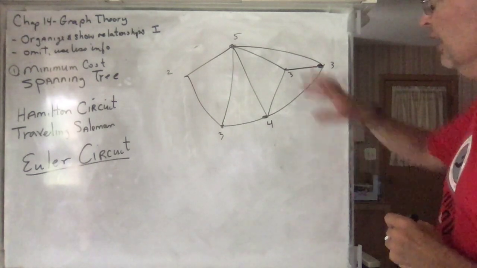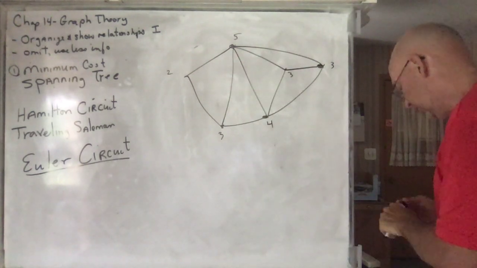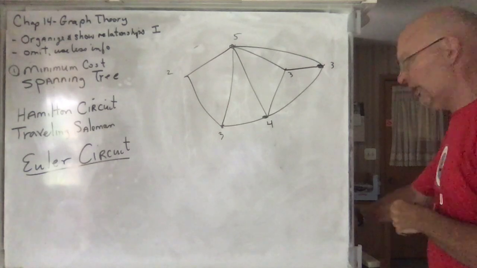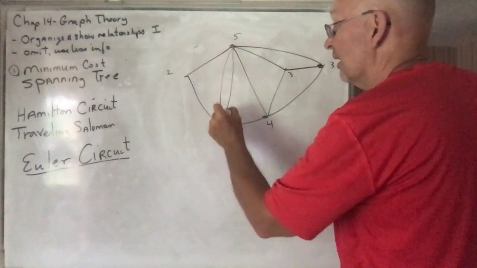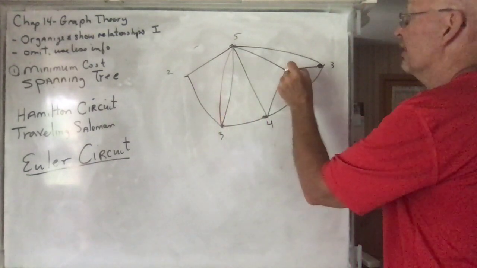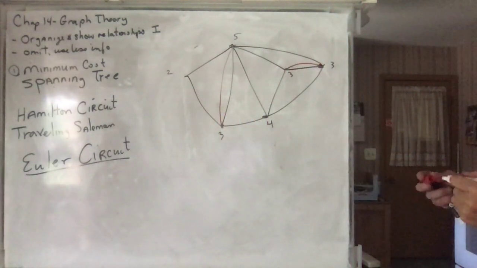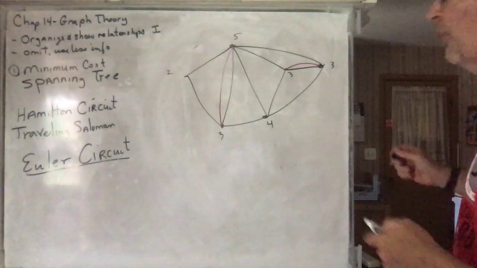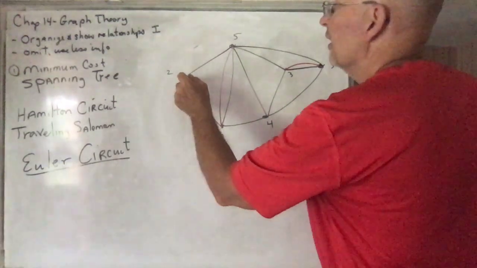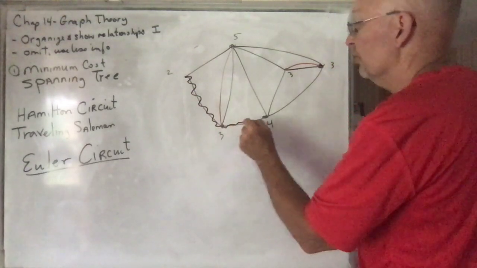So we're not going to be able to do it there, but we can Eulerize it by repeating this one and, say, repeating this one. There you go. And there'd be different ways to Eulerize it. But now with that, I'm repeating those 2 edges. Let's make sure we can do it. Here we go. 1, 2, 3.